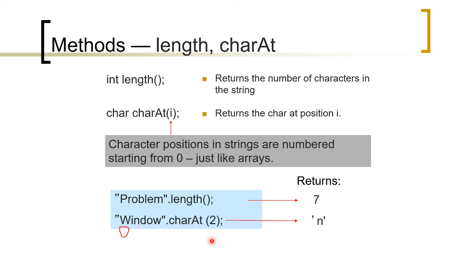So according to the method charAt(2), it will return the character at index 2. The interpreter will just count, starting with 0, index 0 is W, and then 0, 1, 2. So that means the character at index 2 is letter N.